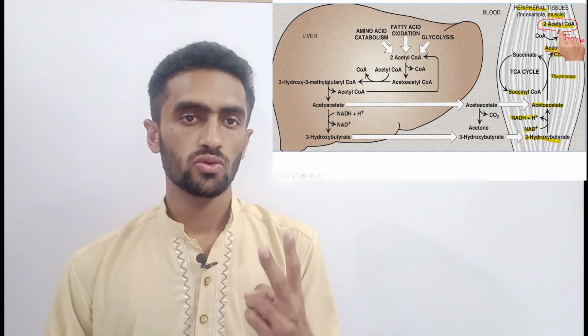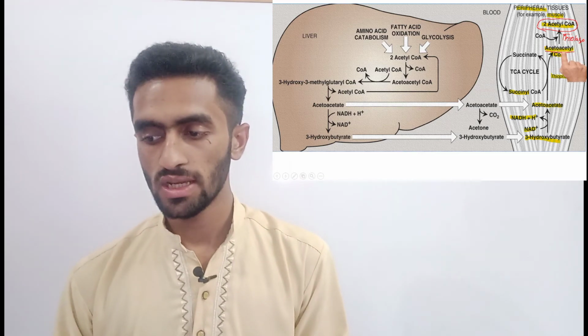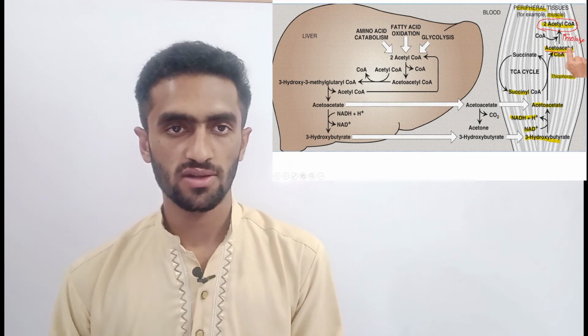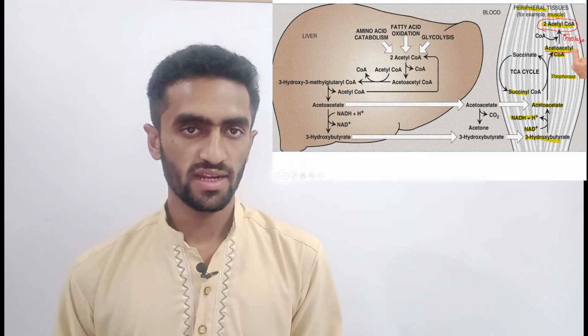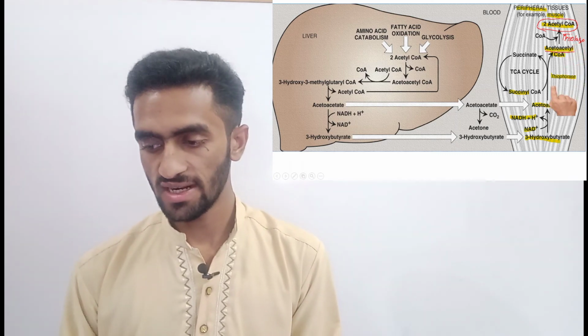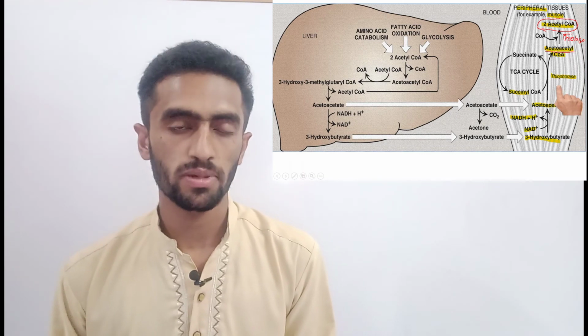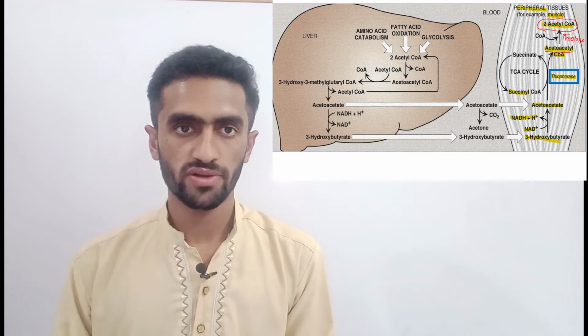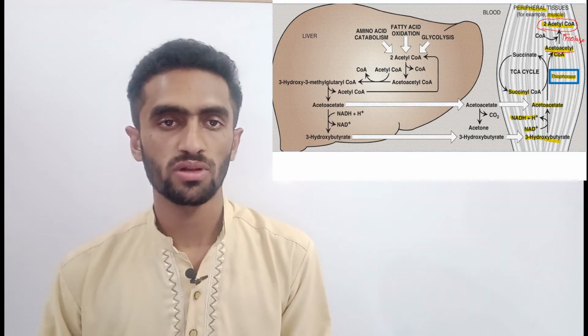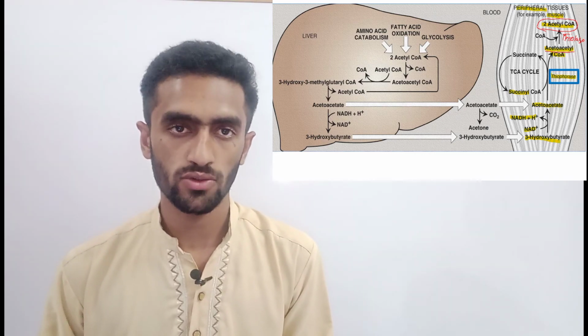In this way, 2 acetyl CoA are produced, and the enzyme which regulates this is thiolase. The very important concept regarding this slide is that thiophorase is present only in extrahepatic tissue, in peripheral tissue. It is absent in the liver, so the liver is unable to use ketone bodies.